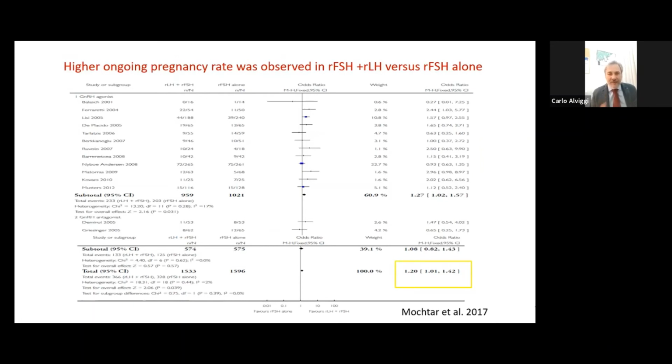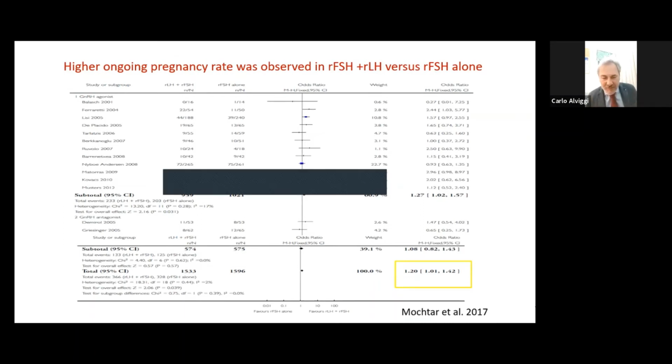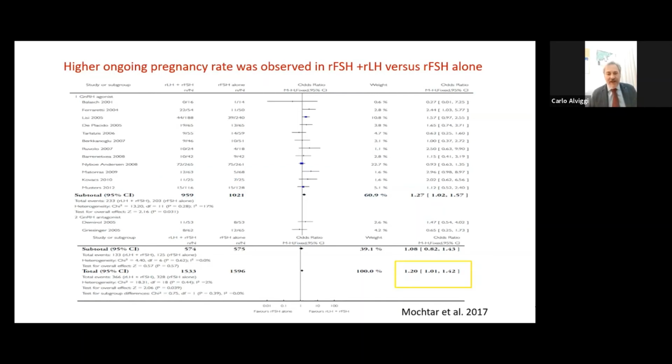The observation is available in more than 1,500 cases, so 3 times more in terms of sample size. And there is clear evidence that if you stop your observation at ongoing pregnancy rate, the association of recombinant FSH and recombinant LH performs better, even in the general population.